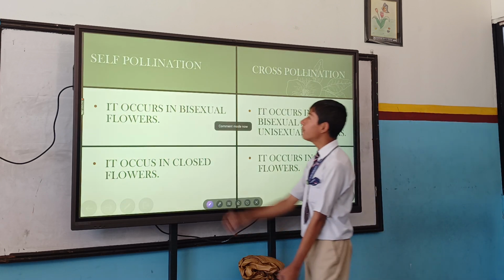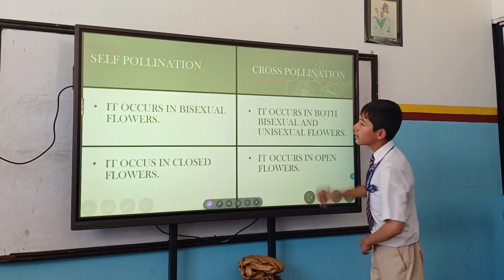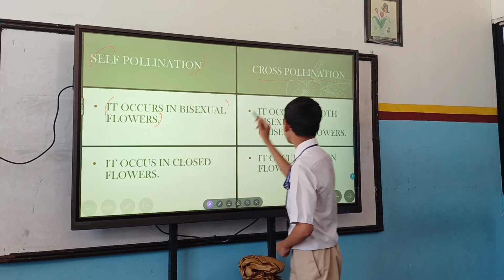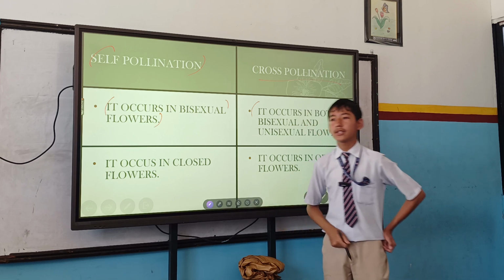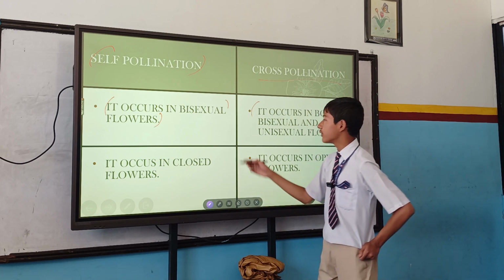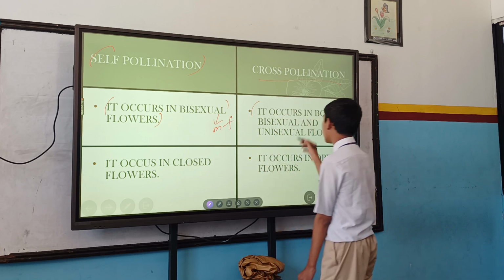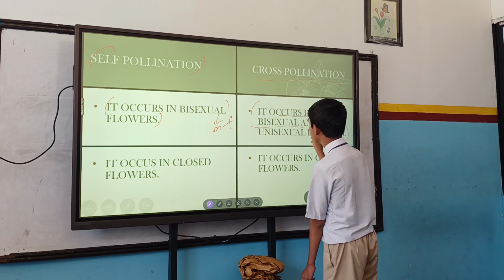The next distinguish between is about self-pollination and cross-pollination. Self-pollination occurs in bisexual flowers, and cross-pollination occurs in both bisexual and unisexual flowers.